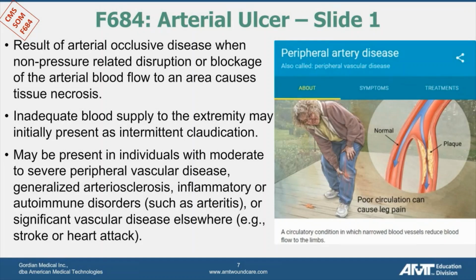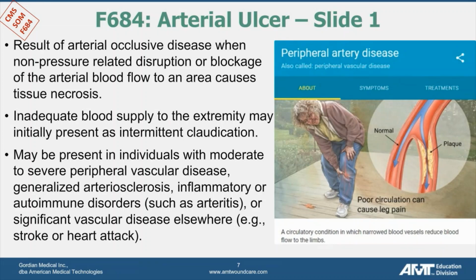F684 of the State Operations Manual, Guidance to Surveyors, states that arterial ulcers occur as a result of arterial occlusive disease when non-pressure related disruption or blockage of the arterial blood flow to the area causes tissue necrosis. And it goes on to say in F684 that inadequate blood supply to the extremity may initially present as intermittent claudication, which is pain in the calf muscles when walking.